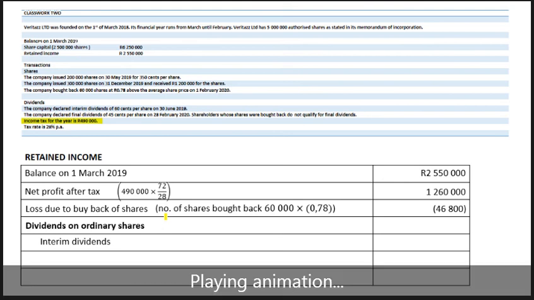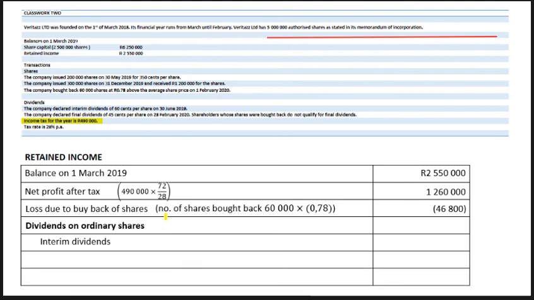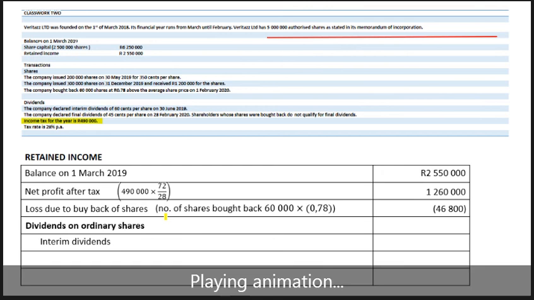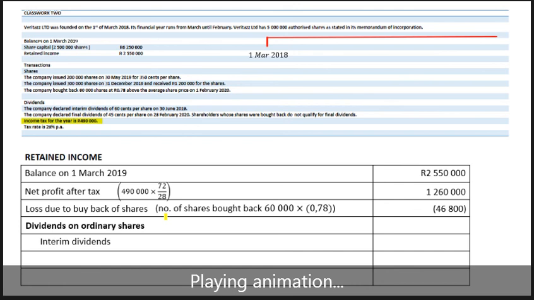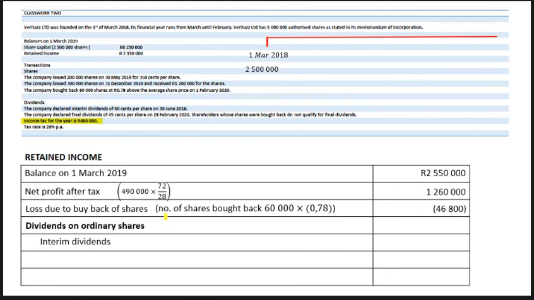For you to calculate your interim dividends, I said to you guys, you cannot calculate your dividends unless you draw a timeline where you specify the beginning of the financial year as well as the end of the financial year. At the beginning of the financial year, we had 2,500,000 shares issued.